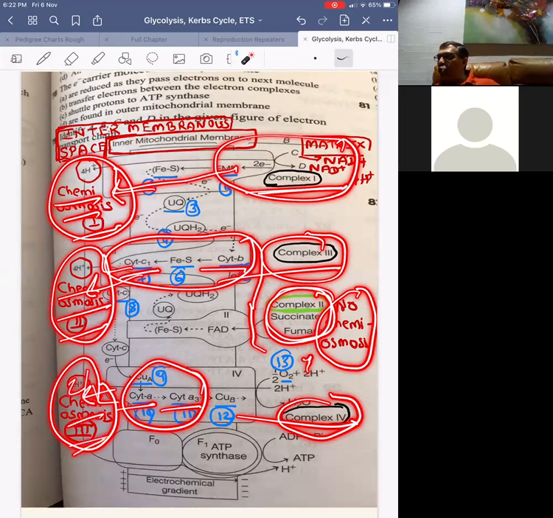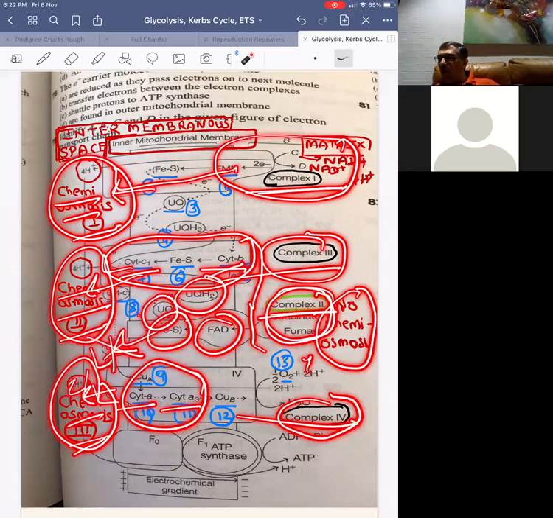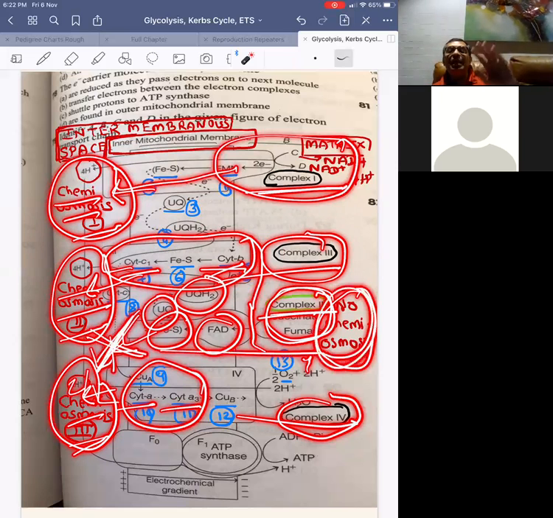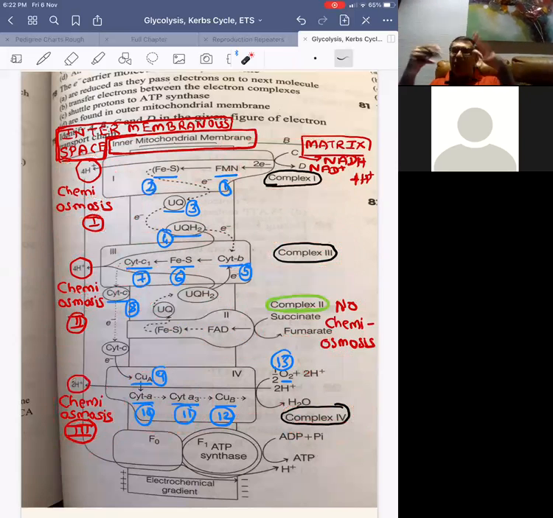But complex 2 में FAD, FES, ubiquinone, ubiquinol, cytochrome B, उसमें प्रोटॉन पुश नहीं होता है. No protons are pushed, so chemiosmosis नहीं होता है. चलो, ये आपने थोड़ा थोड़ा समझा है.